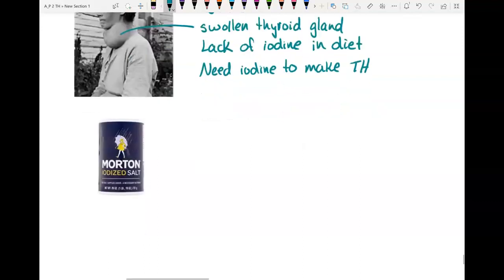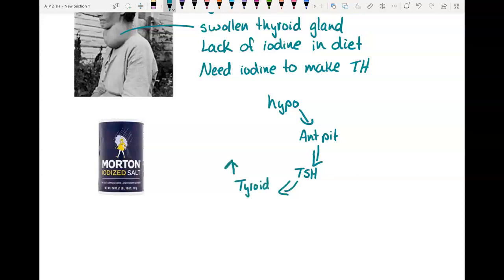So you get this cycle. Remember, you have your hypothalamus. It stimulates your anterior pituitary, which secretes TSH, thyroid stimulating hormone, which stimulates your thyroid to make thyroid hormone. You have negative feedback.